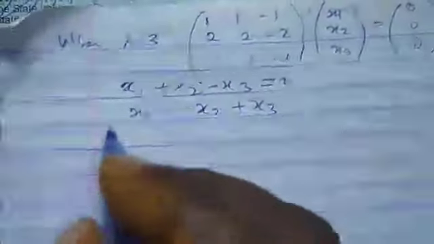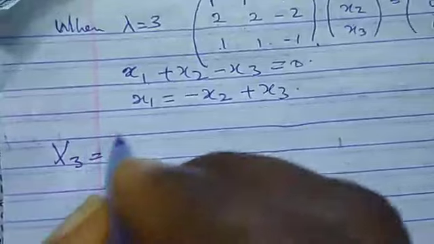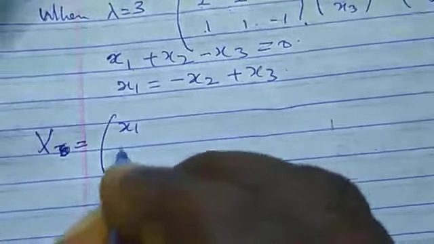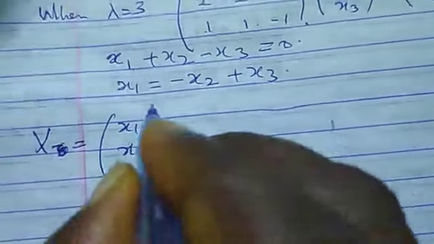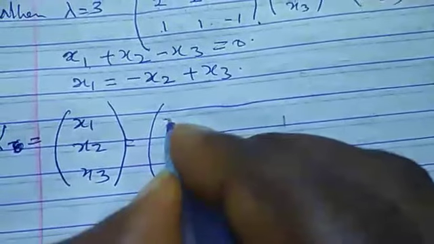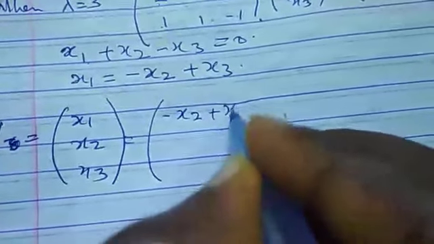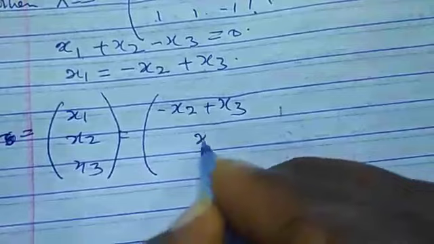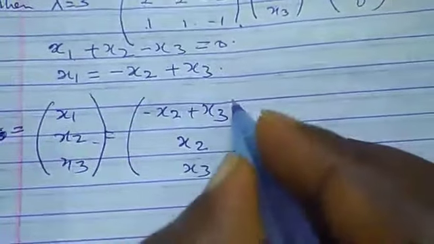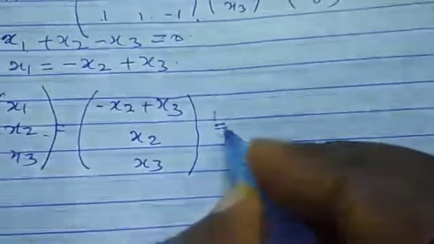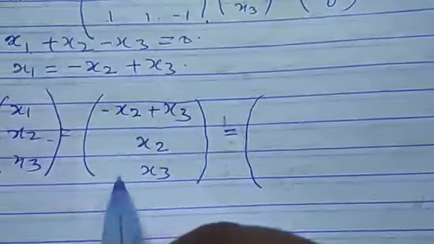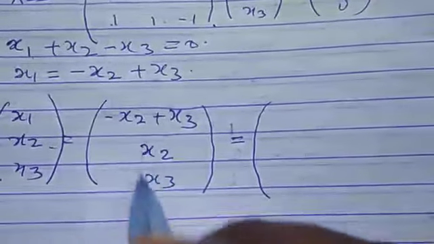Then our eigenvector x will become s1, s2, s3. Our s1 is minus s2 plus s3, our s2 is still s2, and our s3 is s3. But the best thing is to write this in terms of the remaining two, s2 and s3.